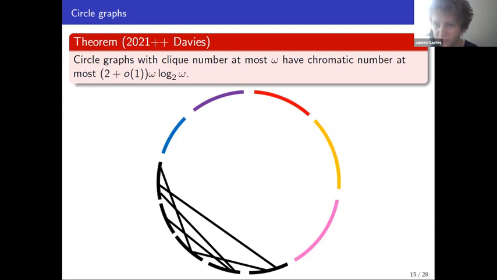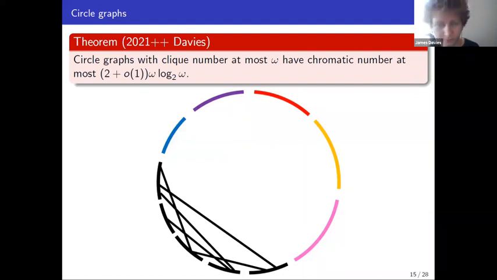For example, if we had lots and lots of these sub-arcs we had split into, then the graph we're now looking to color here could be just as complicated as any circle graph. So we could have any circle graph from the chords between these arcs if we had enough of these arcs.